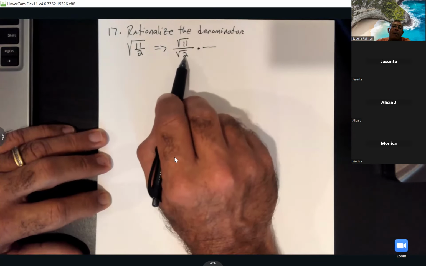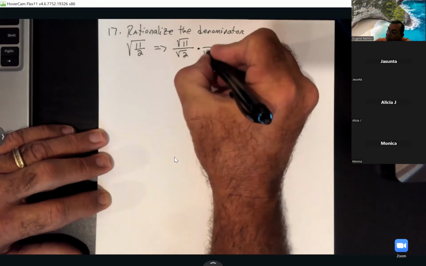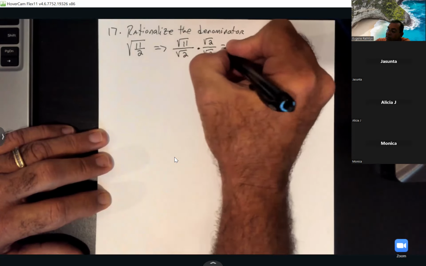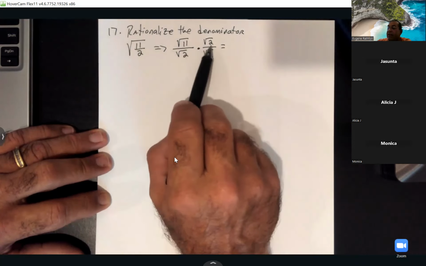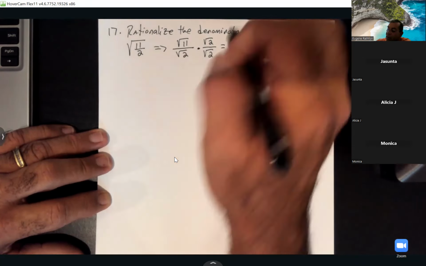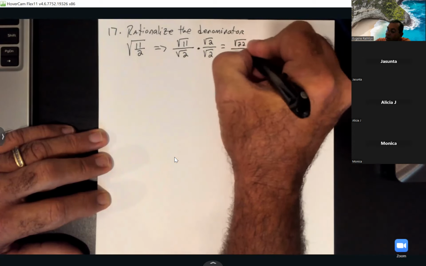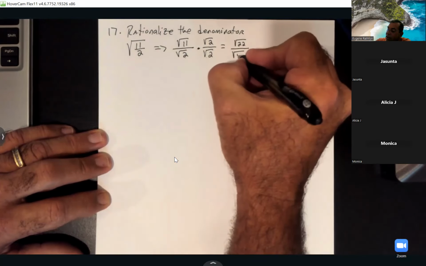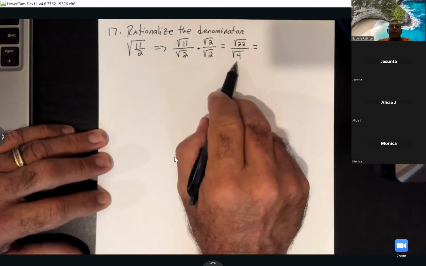So since I want to get rid of the radical on the 2, I'm going to multiply top and bottom by a square root of 2. All right, so let's see what that does. Square root of 11 times square root of 2. 2 times 11, that's going to give me a square root of 22 over 2 times 2 is 4. So that gives me a square root of 4 on the bottom.